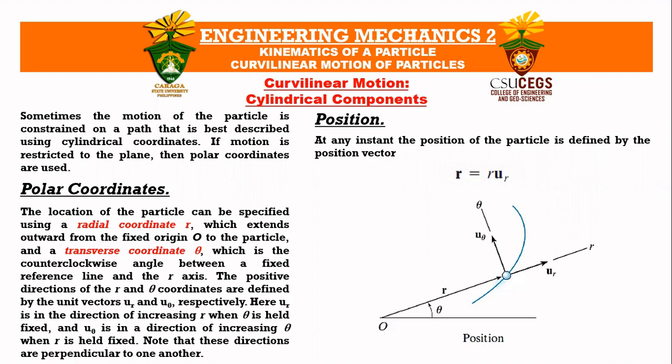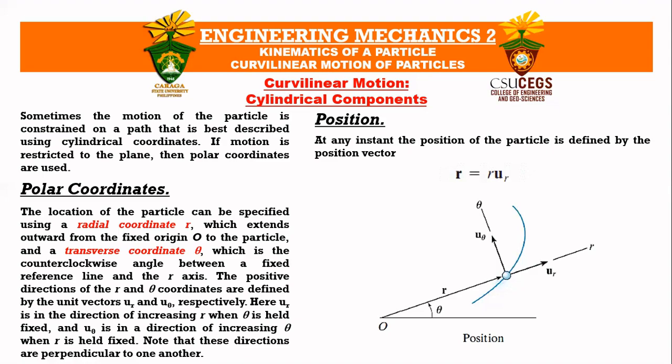When we say polar coordinates, the location of the particle can be specified using a radial coordinate r, which extends outward from the fixed origin O to the particle. The other coordinate is the transverse coordinate, theta, which is the counterclockwise angle between a fixed reference line and the r-axis.